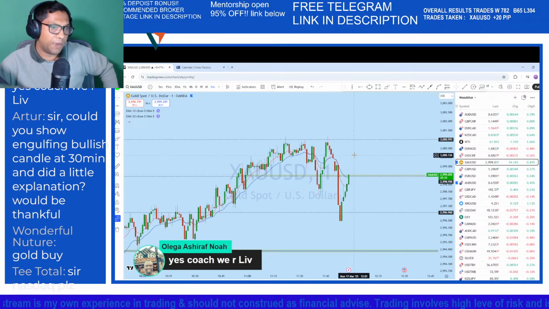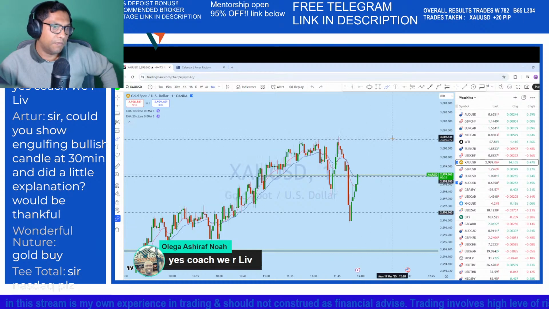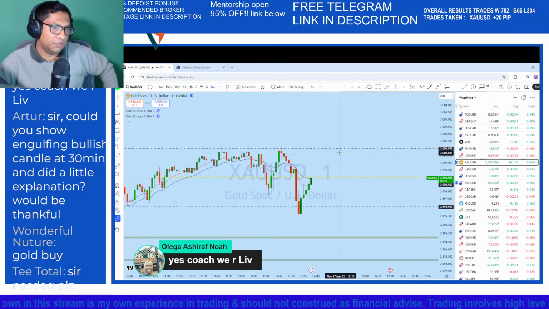We can see that there is a bounce, and with that bounce we want to see the market potentially moving back up again to the resistance line.